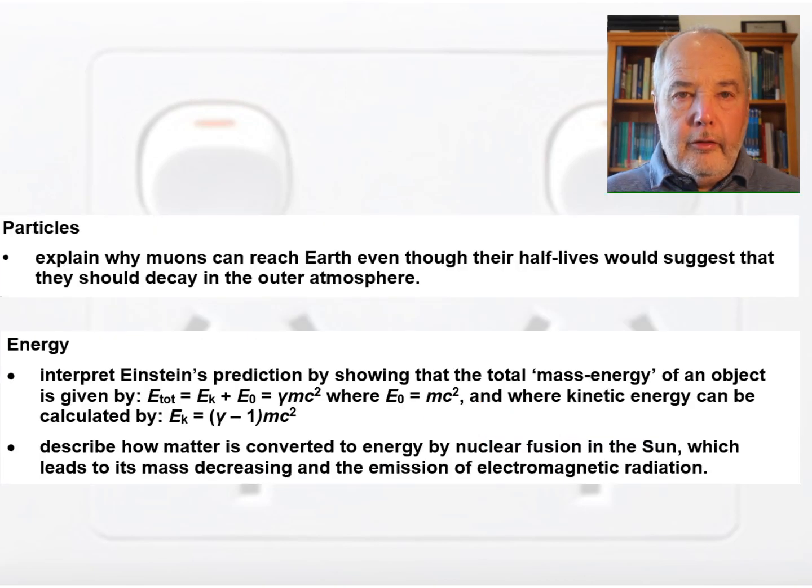The next two sections involve muons, particles that travel at very high speed, so we need to take relativistic effects into consideration when we're analysing their motion. And the next idea is Einstein's equation for the total energy and the link between the total energy, the rest mass energy, and the kinetic energy.